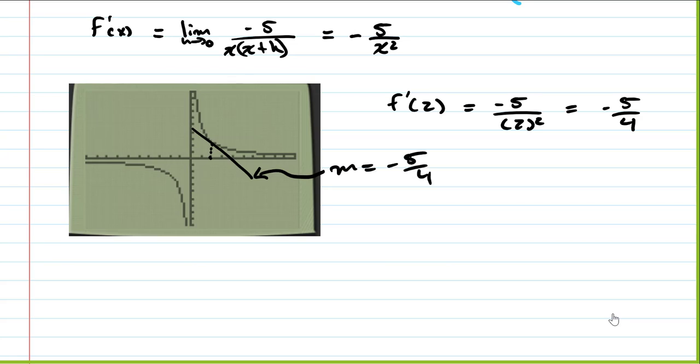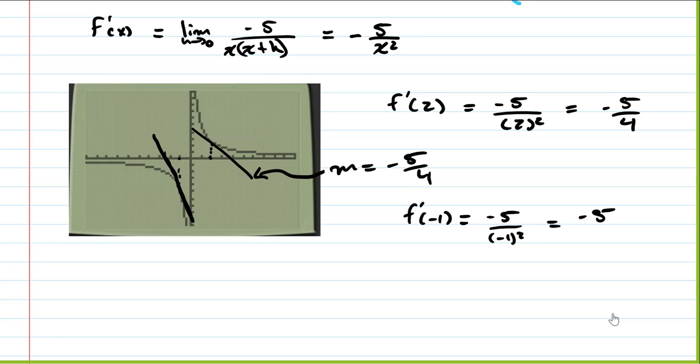So when I look at this picture, if I looked down in quadrant number 3, say at x equals negative 1, what does my graph look like it's doing down here? What's my slope going to be? Very large and negative. So let's check. What would f prime of negative 1 be? Well, it would be negative 5 over negative 1 squared, which would be negative 5. And our graph seems to follow exactly what we said.